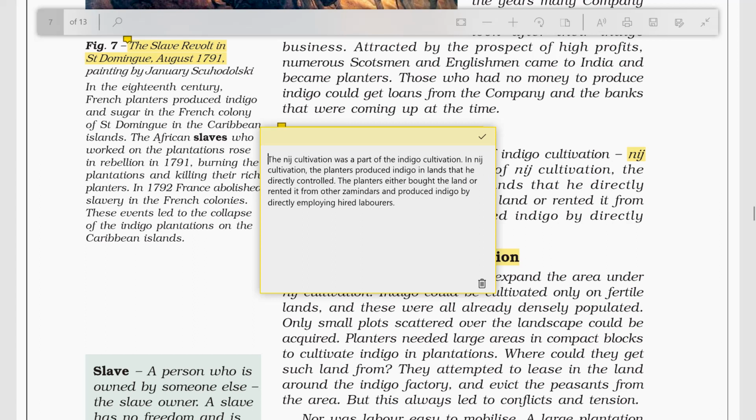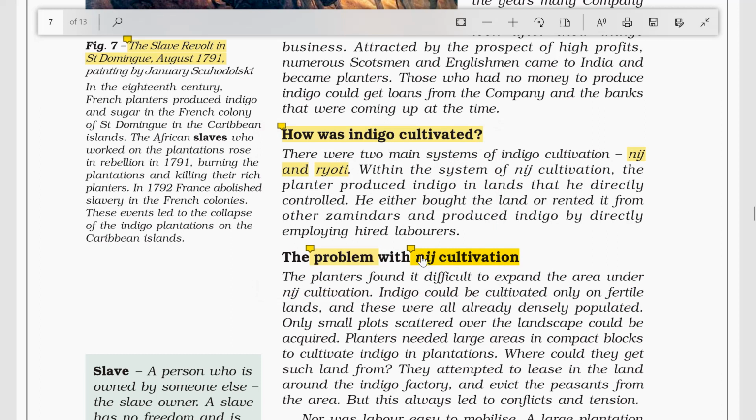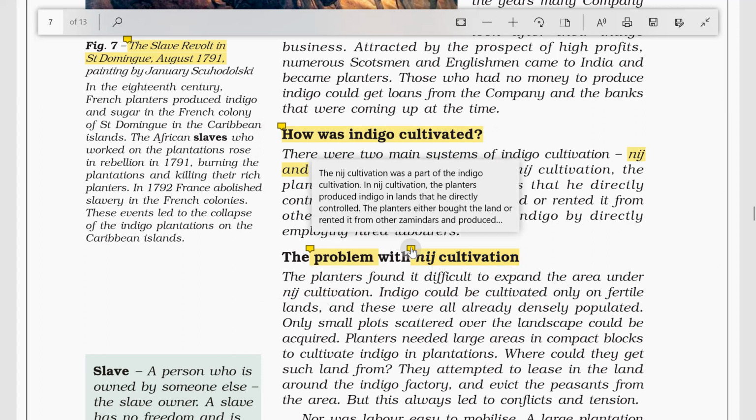The planters either bought the land or rented it from other zamindars and produced indigo by directly employing hired laborers. That means he had full authority on that piece of land, and they were cultivating indigo personally.